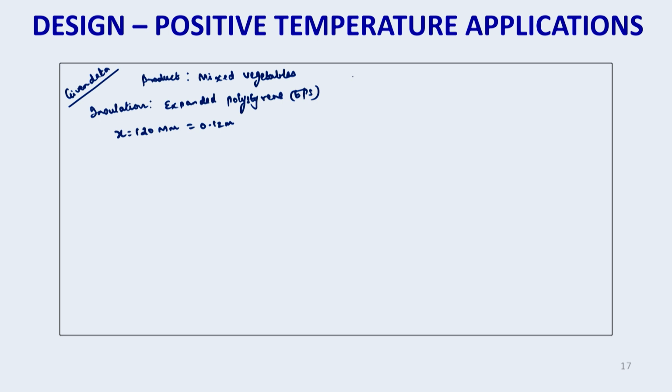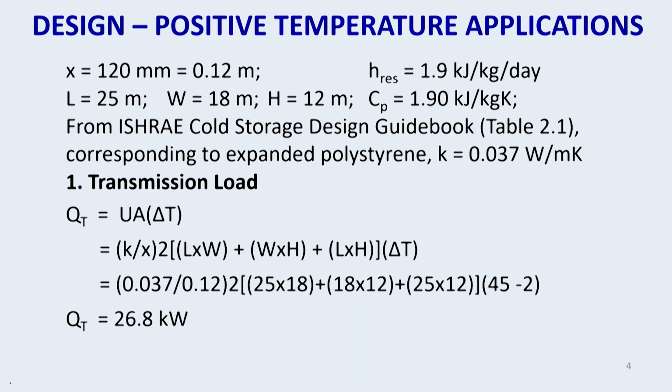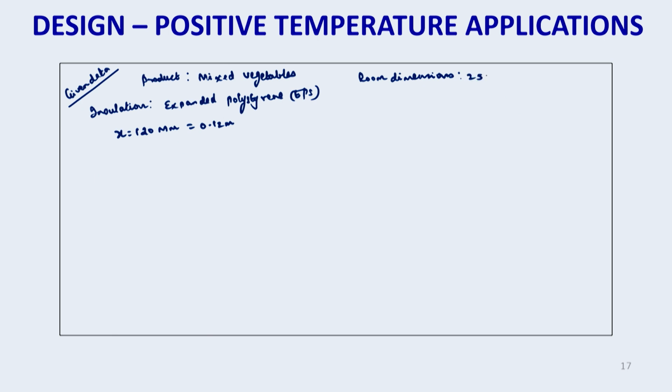Dimensions of the room are given. Let us look at the dimensions of the room. 25 by 18 by 12. 25 meter by 18 meter by 12. This is length into width into height.